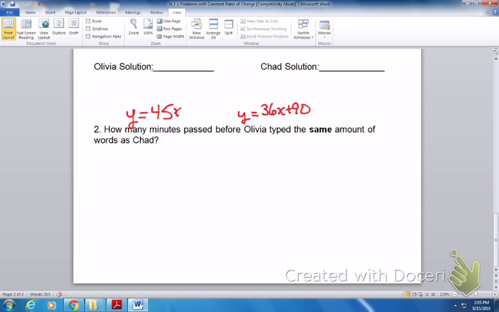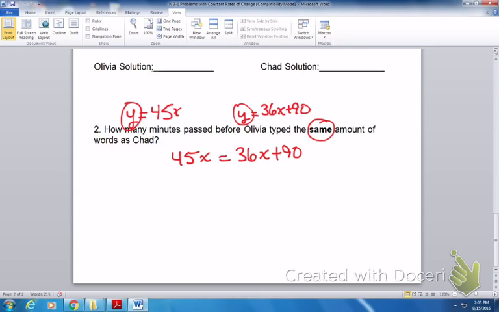Well, I want to know when the words they typed are exactly the same, meaning that y is the same as y. Well, guys, if y is equal to y, then the equations are also equal. I set the equations equal to each other. So 45x equals 36x plus 90.